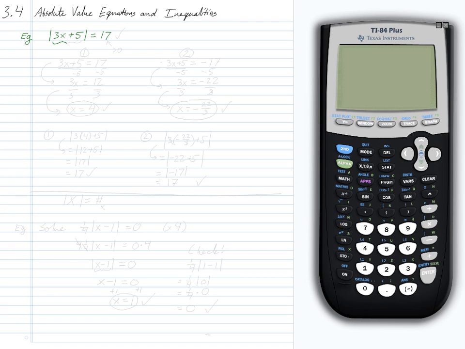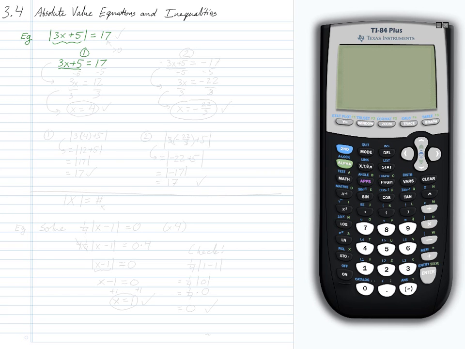Here we have an expression 3x plus 5. If we take that expression's absolute value, we get 17. So one possibility is that 3x plus 5 is equal to 17. So whatever that number is, if we take its absolute value, we get 17. One possibility is that number is in fact 17. That 17 has an absolute value of 17.